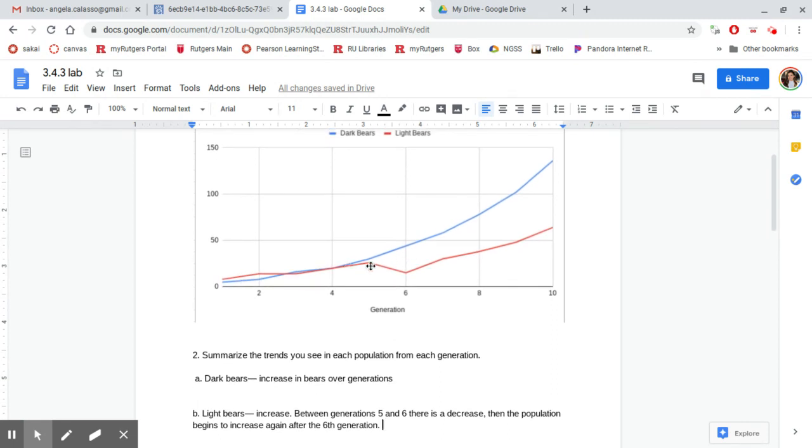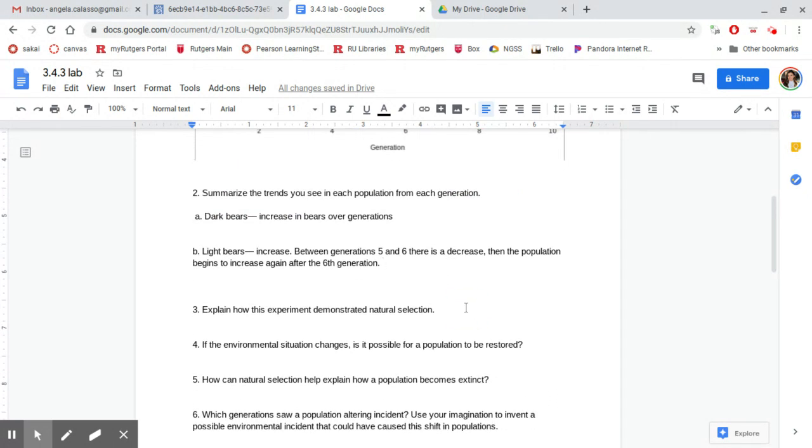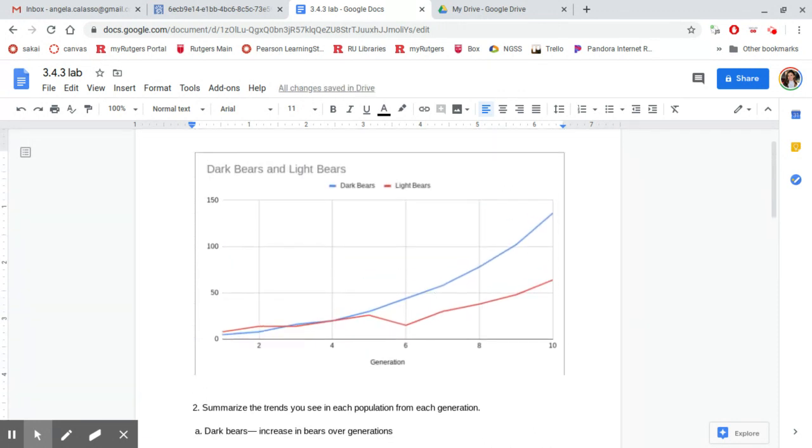Now that's going to help us answer the next few questions. How would this experiment demonstrate natural selection? In natural selection, you're going to see this happen all the time, where some populations may experience a decrease, others may experience an increase.